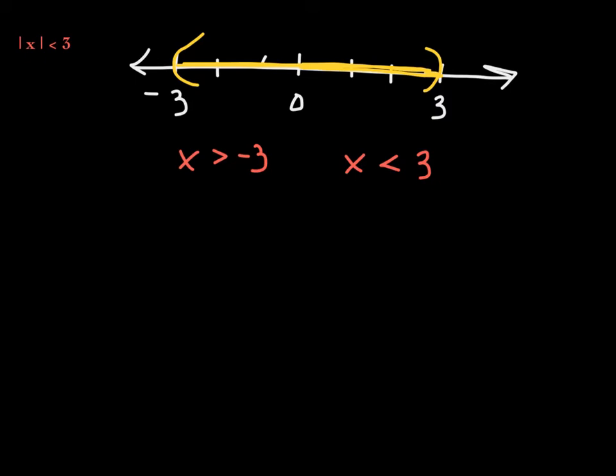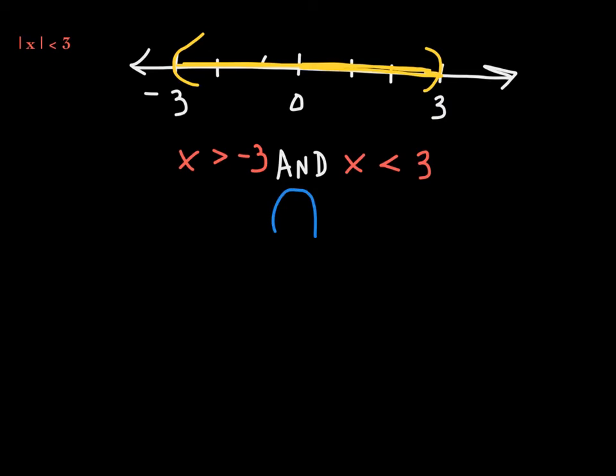What we just figured out is that this absolute value inequality has the word and joining these two inequalities. The word and is the correct conjunction. Why is that so important? Well, in the previous lesson, we learned that a compound inequality joined together by the word and implies intersection.